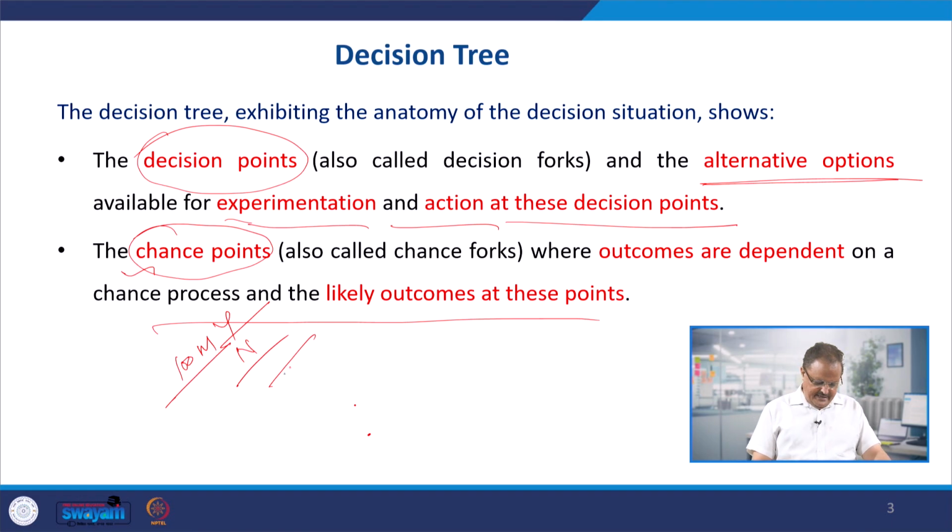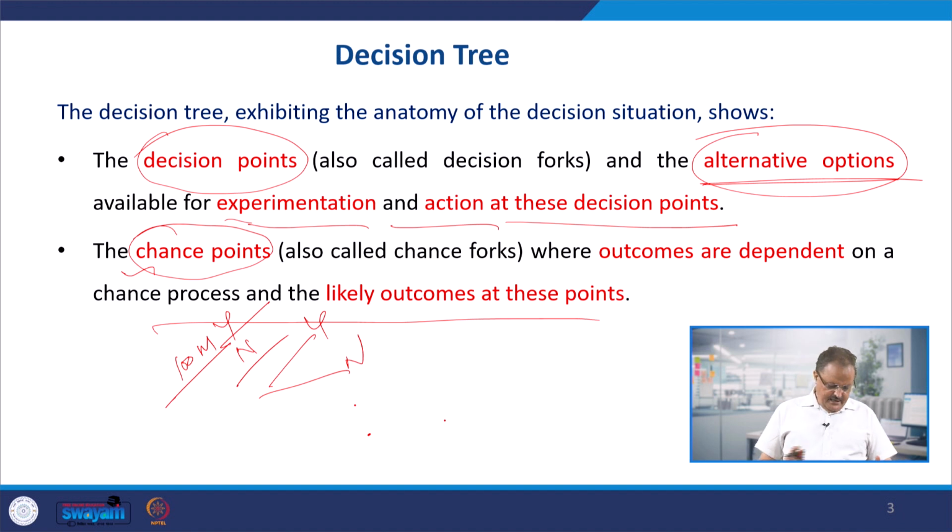So there are two directions going. One is saying yes and one is saying no. If you are going for yes, it means you are agreeing to make the investment of 100 million. And if you are accepting no, it means you are not making this investment. So you are going for the alternative option, and you are going to abandon the decision, drop the decision, not implement it. But in case you take a decision in favor of yes, that yes, I will make the investment of 100 million, what are the chances of success?